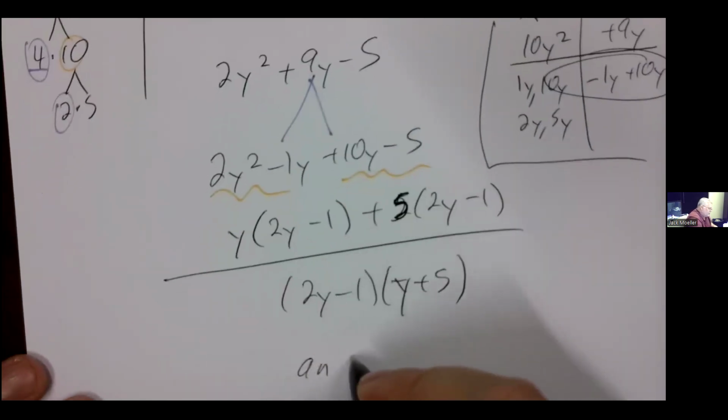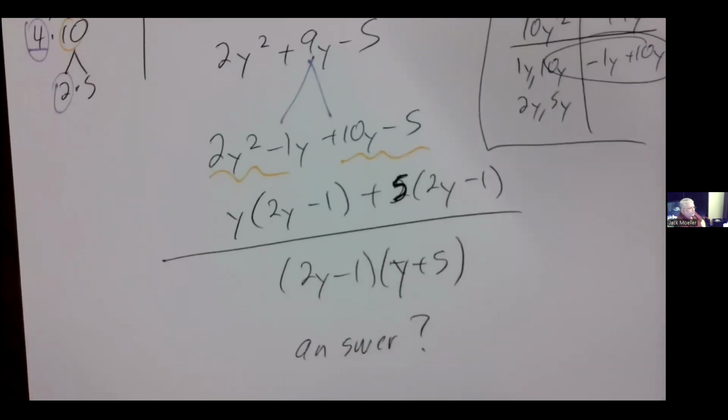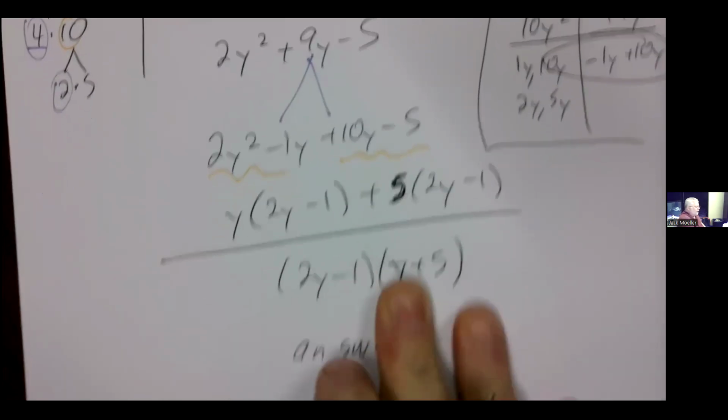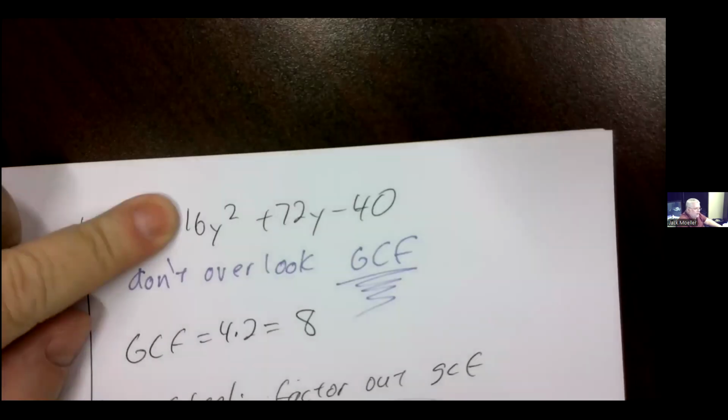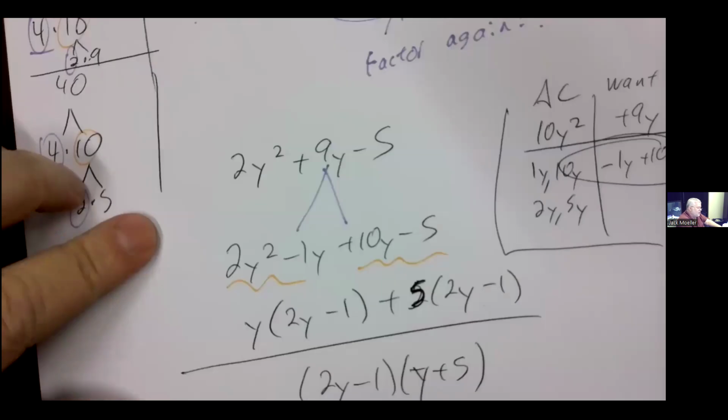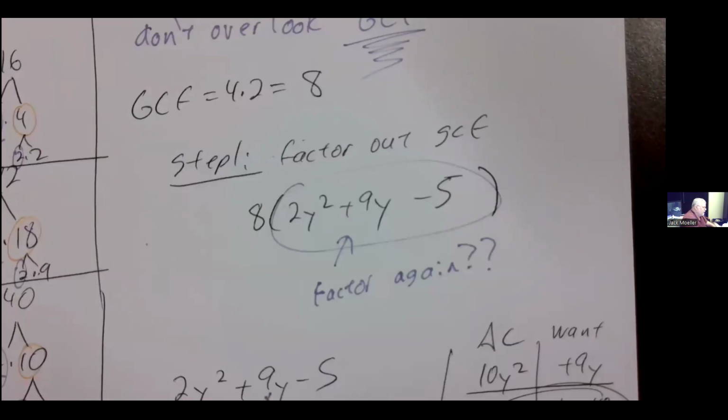So is this our answer? If we multiply that, are we going to get this? Definitely not, because 2y times y is 2y squared, not 16y squared. So what happened? Don't forget your GCF.